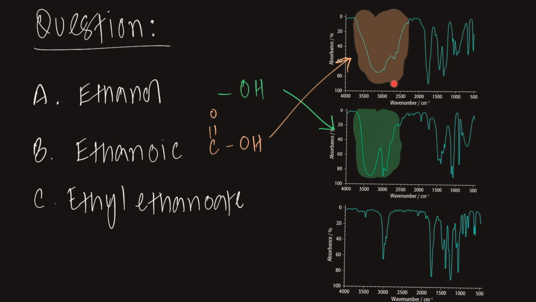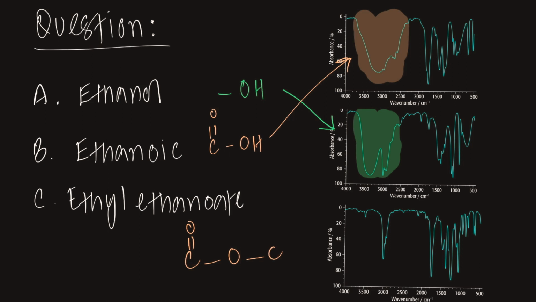The only difference between the two is the OH for an alcohol will be a lot smoother and lobe-like, and the OH for the acid would be a lot like a flipped over iceberg. Ethyl ethanoate won't have a broad peak in this region because it doesn't have an OH bond.